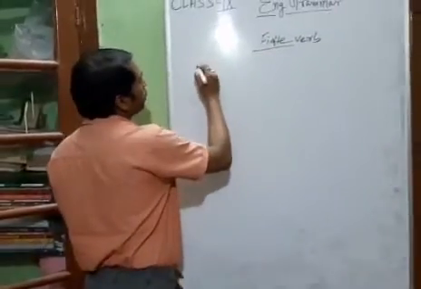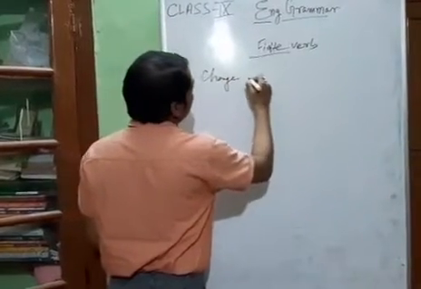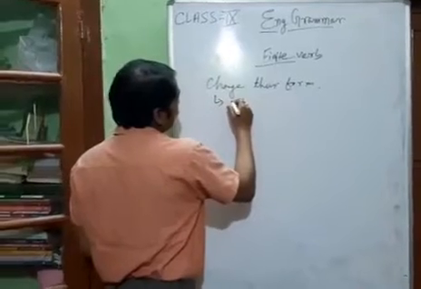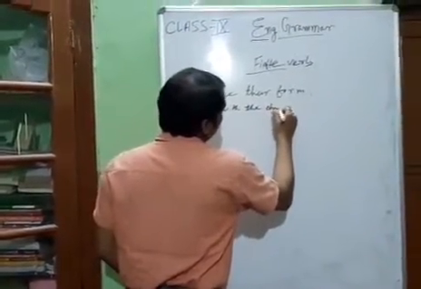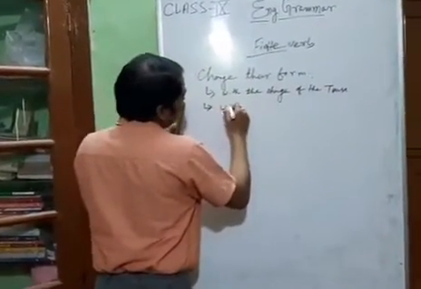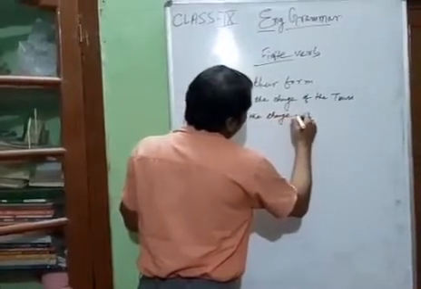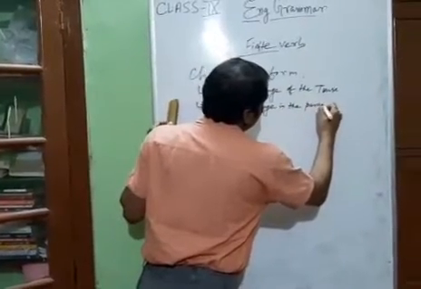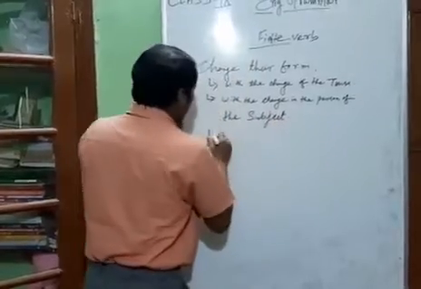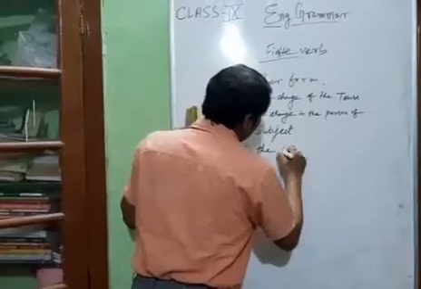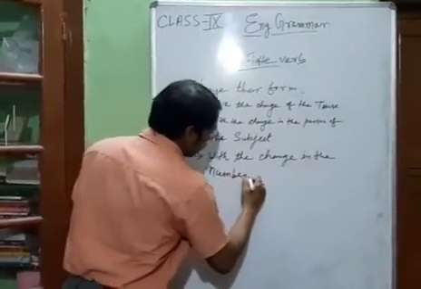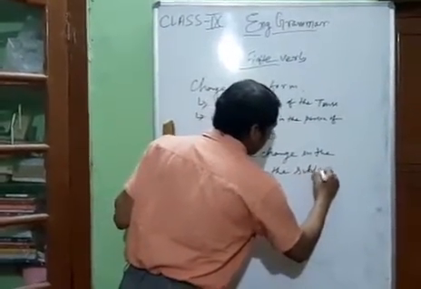That means finite verbs are those verbs which change their form with the change of the tense, or with the change in the person of the subject, or with the change in the number of the subject.